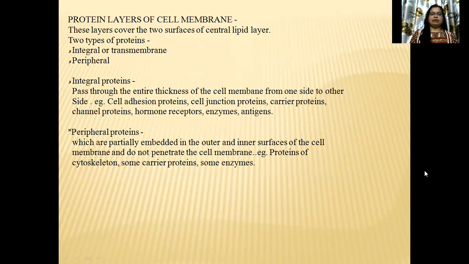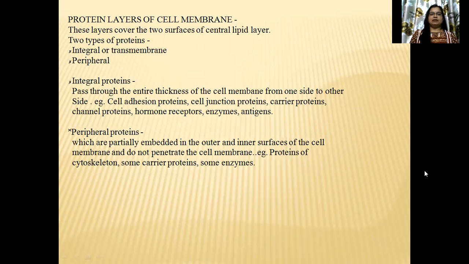Protein layer of cell membrane. These layers cover the two surfaces of the central lipid layer. Two types of proteins: integral proteins and peripheral proteins. Integral proteins pass through the entire thickness of the cell membrane from one side to another side.